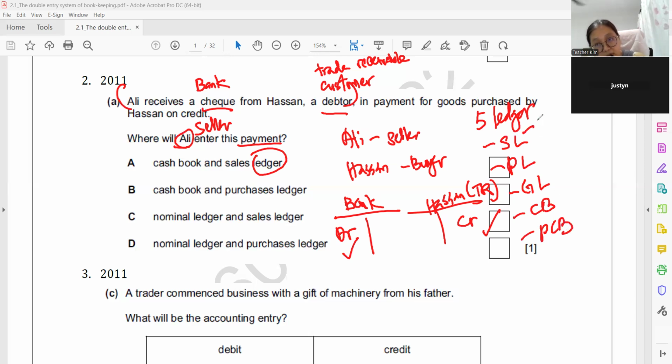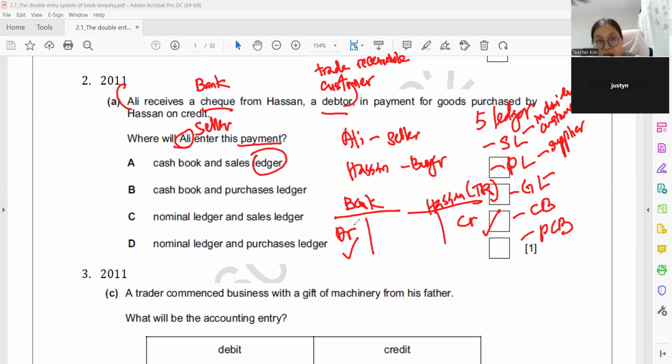Sales ledger records individual customers. Purchases ledger records individual suppliers. General ledger is whatever does not fall into these 4, which is the biggest account group. Cash book is money in and out for the cash and bank and the discount. Petty cash book is for small payments.